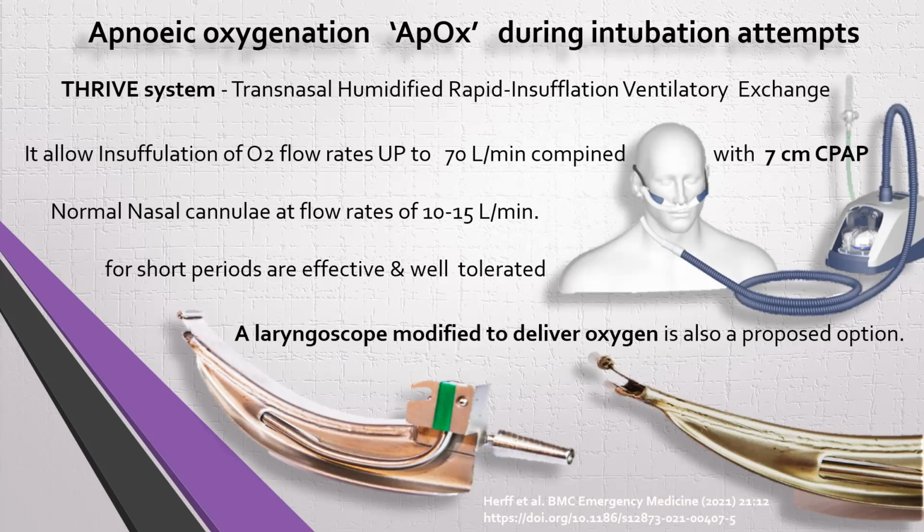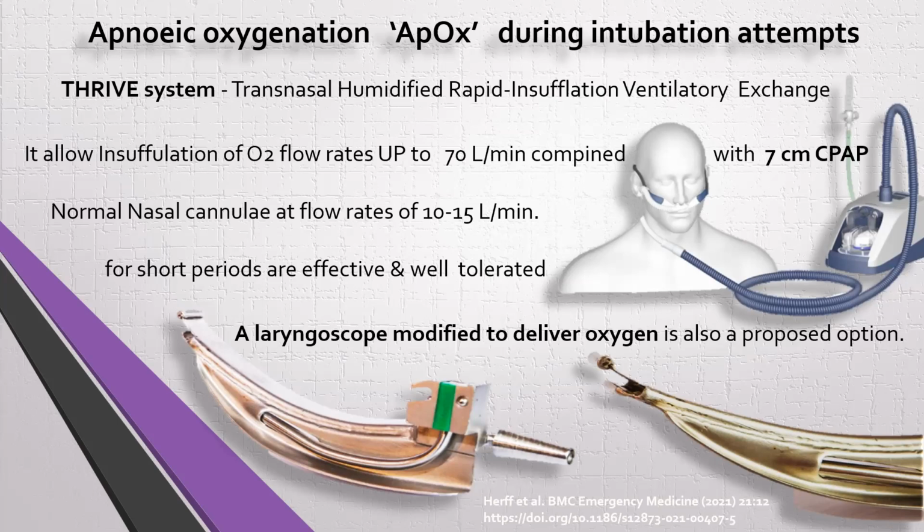Okay, you can do apneic oxygenation through the THRIVE system, high flow nasal cannula, or nasal cannula, but for a short period. Also, you can achieve apneic oxygenation through oxygenating laryngoscopy. This is a laryngoscope modified to deliver oxygen during the intubation attempt. I read one paper about this, and they made a comparison.